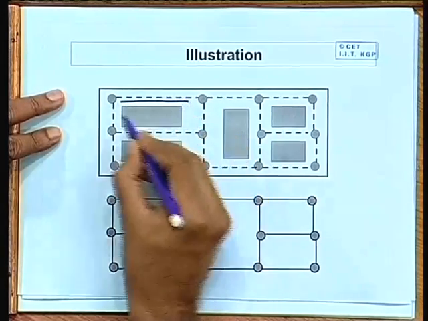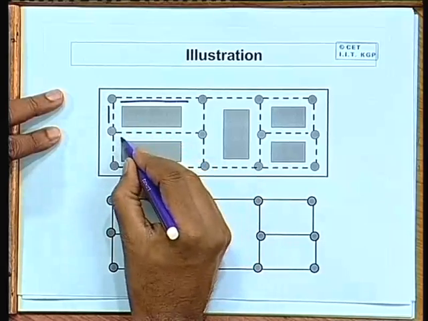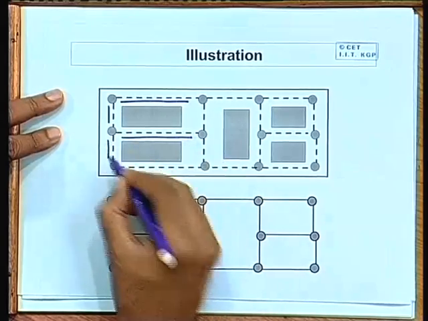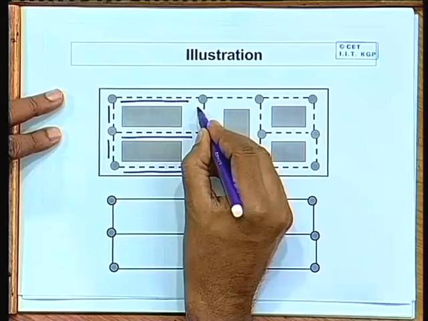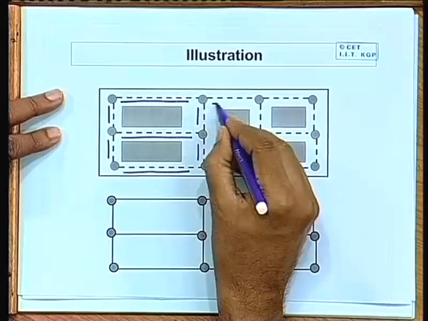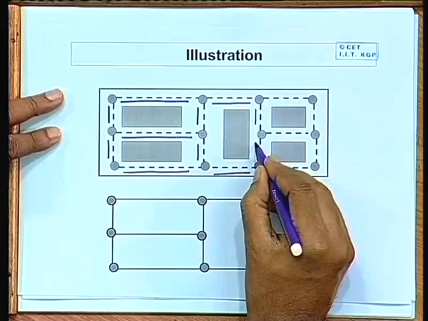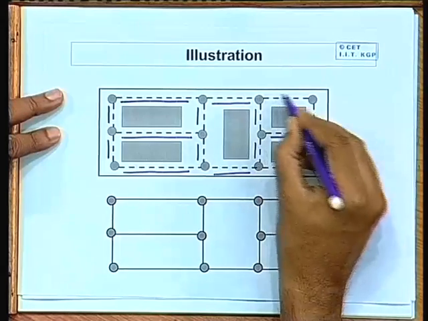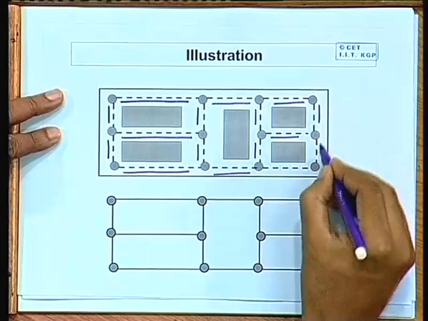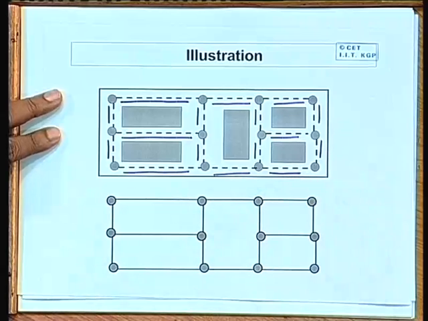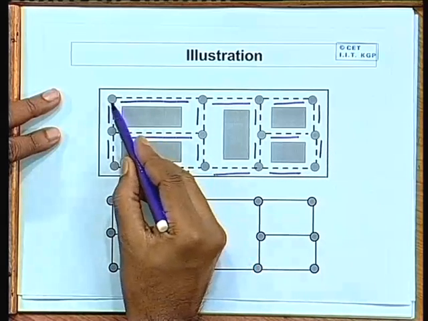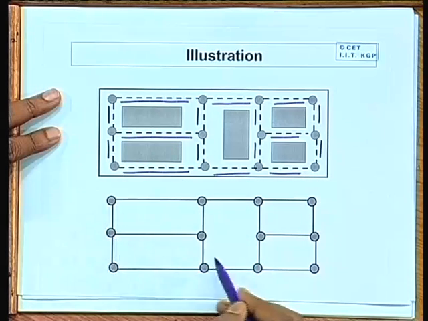This is one channel, this is one channel, this is a channel, this is a channel. These are all individual channels. These are T junctions, so we break it up into 3 channels. These are all channels, and the channel intersections are represented by the vertices.